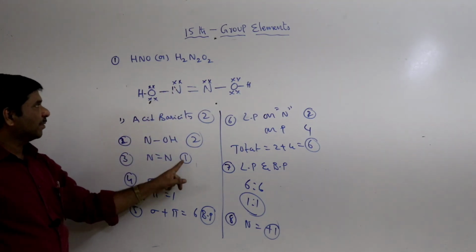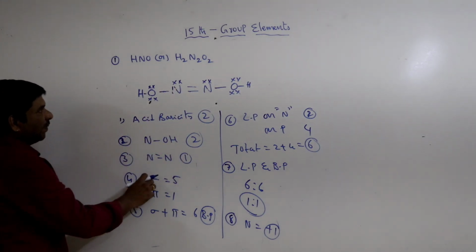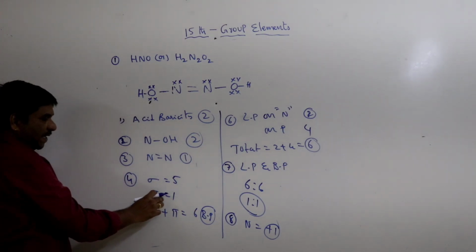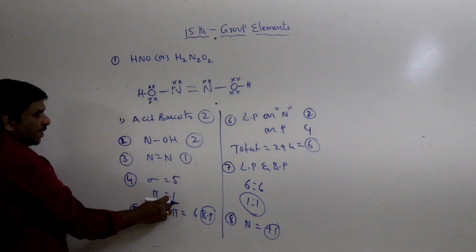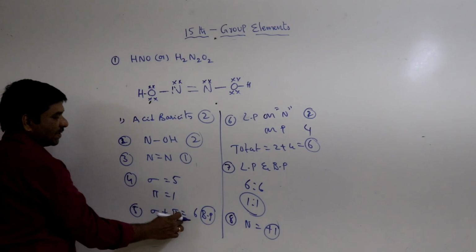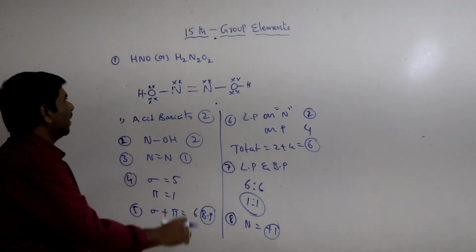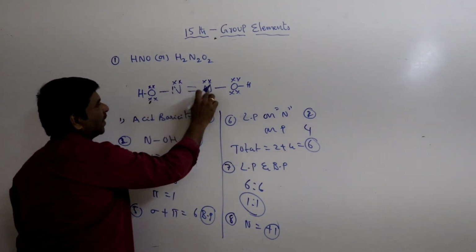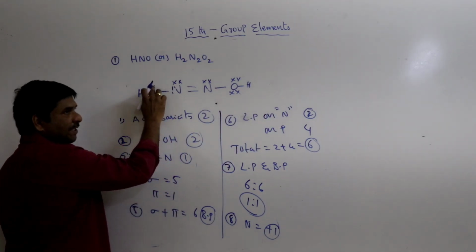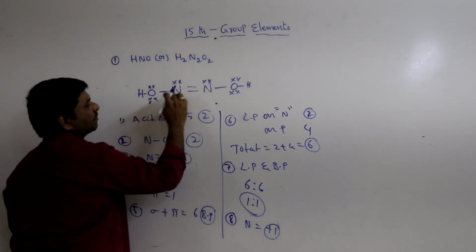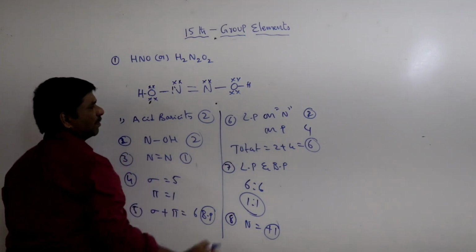N double bond N group is 1. Number of sigma bonds is 5, pi bonds is 1. So total number of bonds is 5 plus 1, 6 bond pairs. Lone pairs: on nitrogen 2 possible, on each oxygen 1, 2, here also 1, 2, total 4 possible.